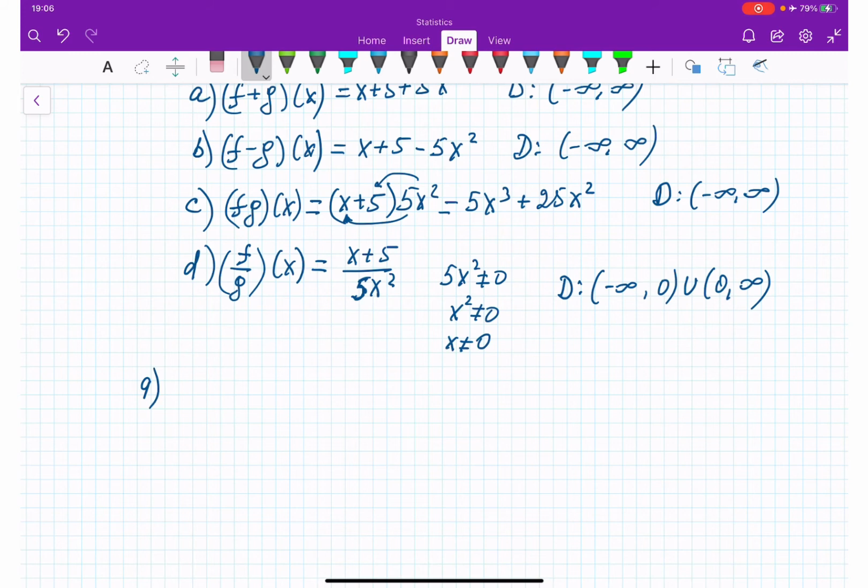So f of x is equal 6 minus x squared, and g of x is equal x squared plus 2x minus 8.